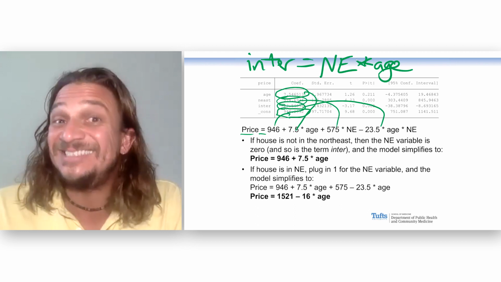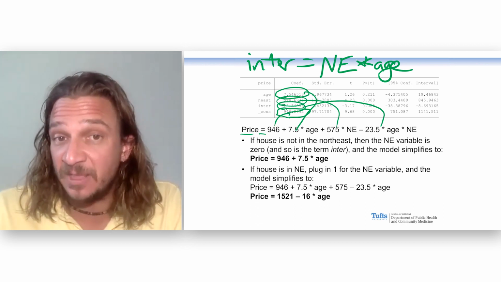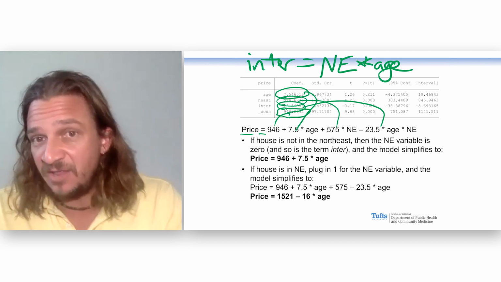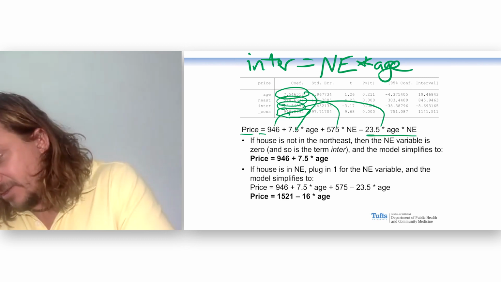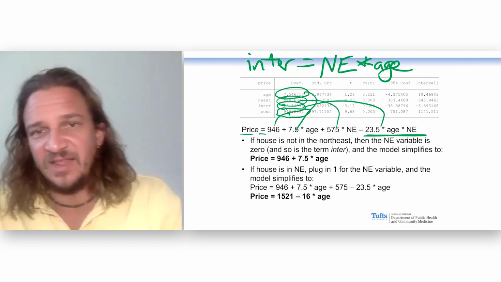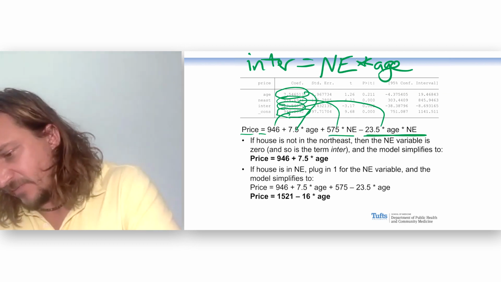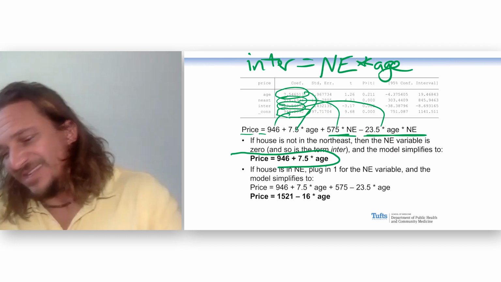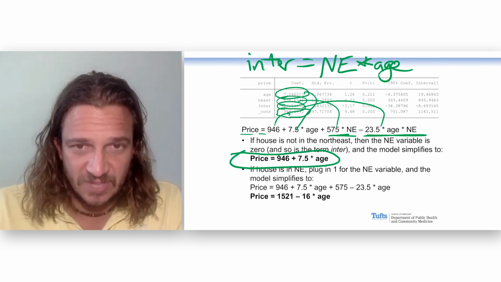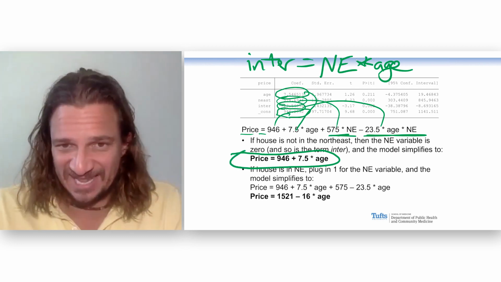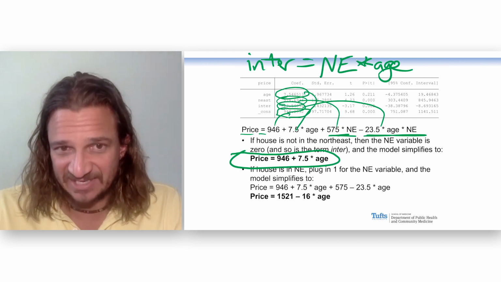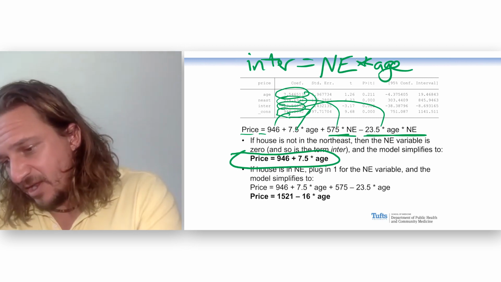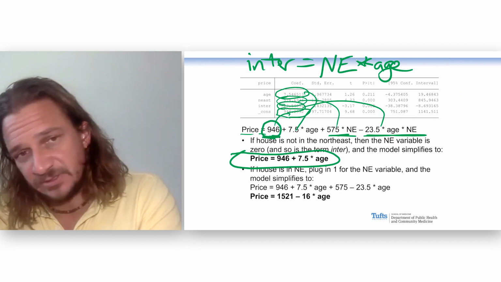Remember, northeast is 0 if a house is not in the northeast. So if the house is not in the northeast, this is 0 times anything that falls out. This 0 times anything that falls out. And the model simplifies to this. Now, what if the house is in the northeast? If the house is in the northeast, we still get 946.